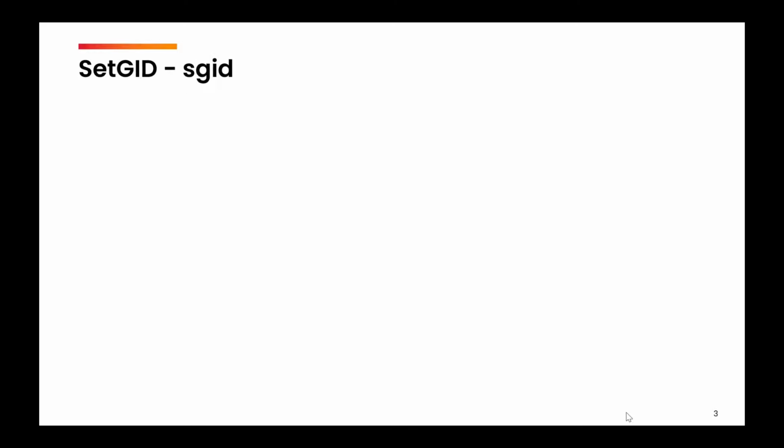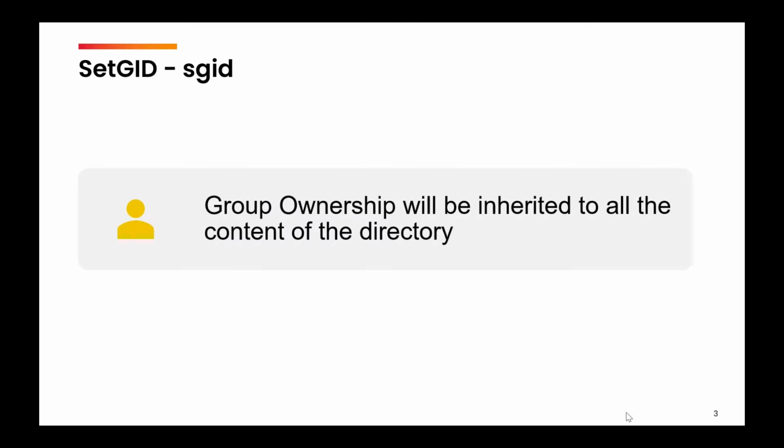So the first command that we are going to learn is the set GID, which helps us to set the SGID bit. What this bit does is that the group ownership is inherited to the content of the directory.